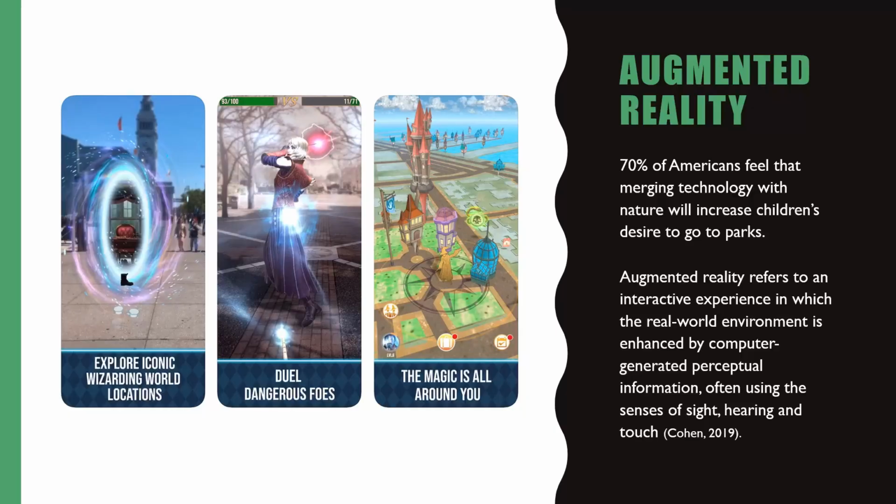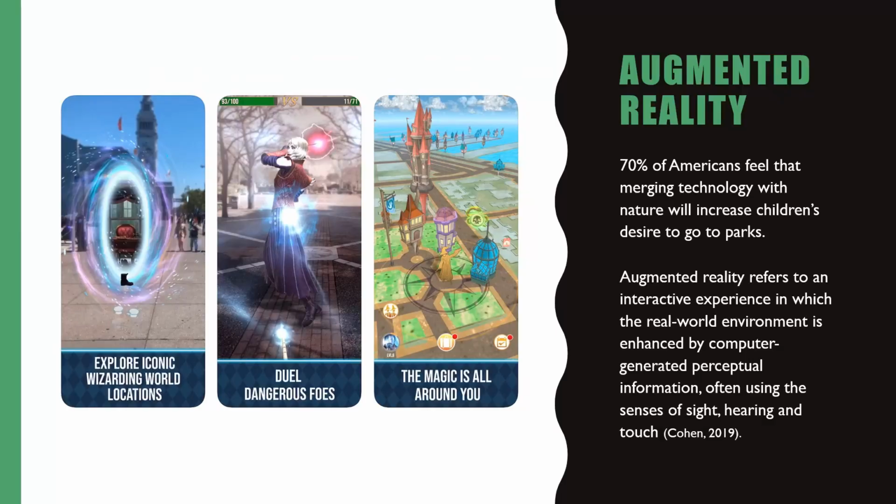One very specific diffusion of technology which has occurred is that of augmented reality, which refers to an interactive experience in which the real-world environment is enhanced by computer-generated perceptual information, often using the senses of sight, hearing, and touch.